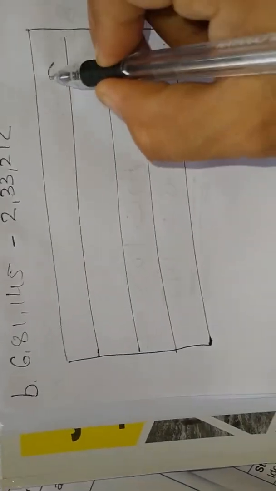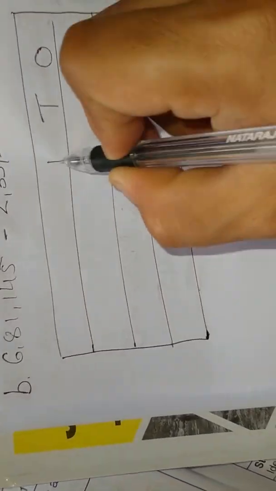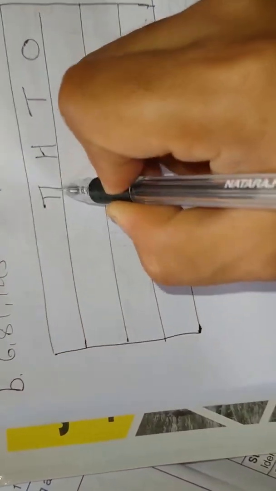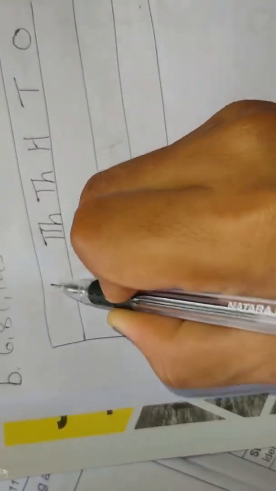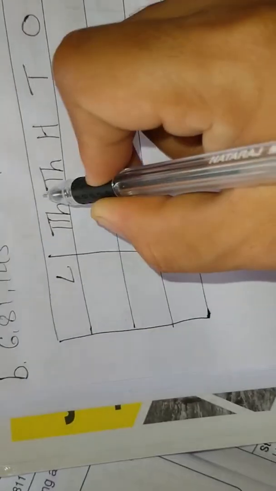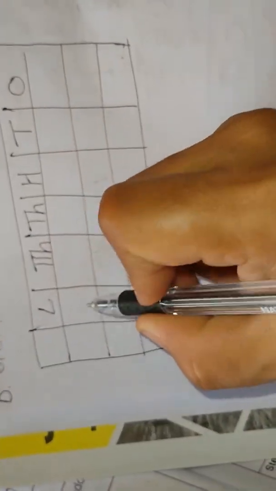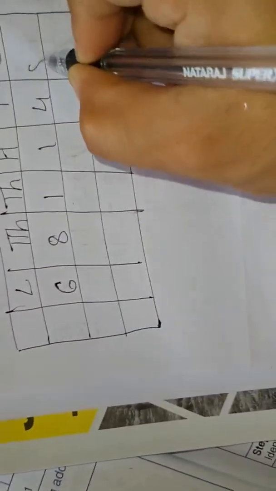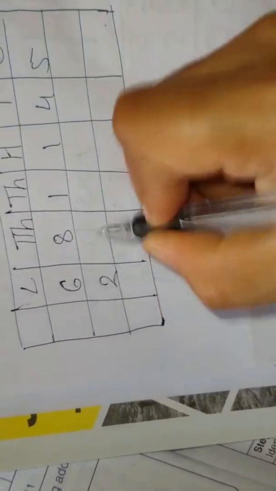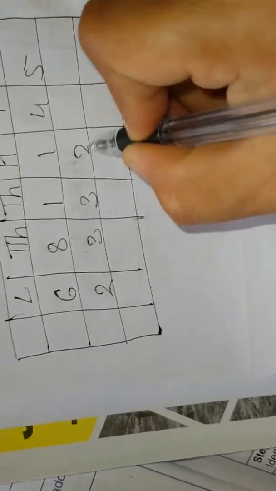We have to write here ones, tens, 100, 1,000, 10,000 and lakhs. Then we have to write here 6,81,145 and 2,33,212.